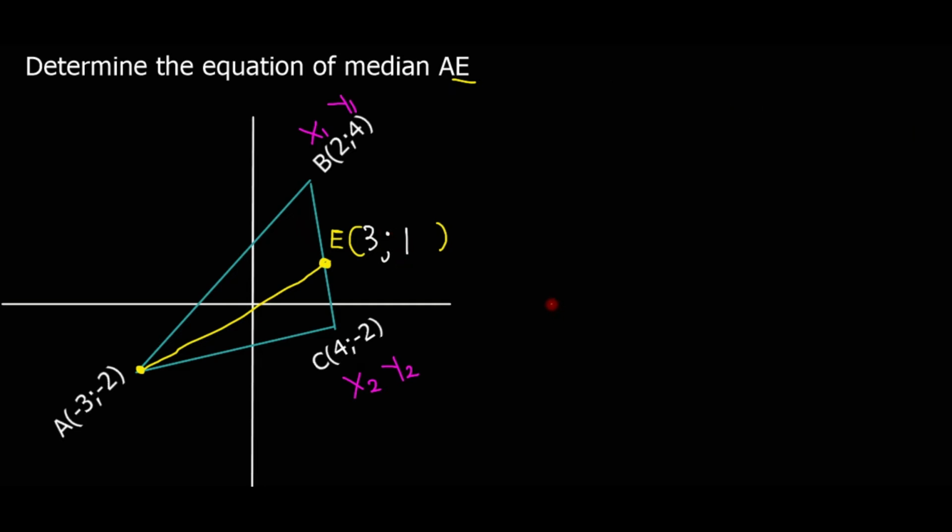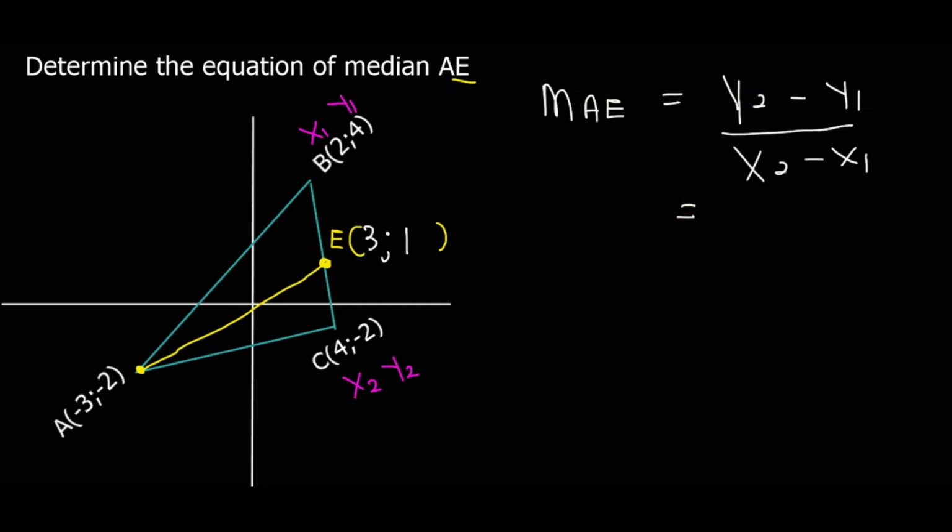So from there I need to find the gradient of AE. The formula for the gradient is y2 minus y1 divided by x2 minus x1. Because I want the gradient of AE, let's say this is x1, y1, x2 and y2.